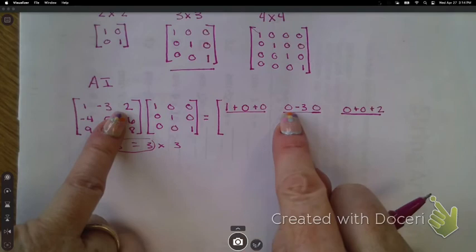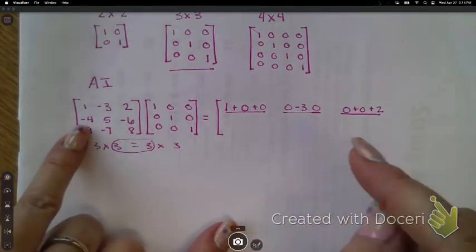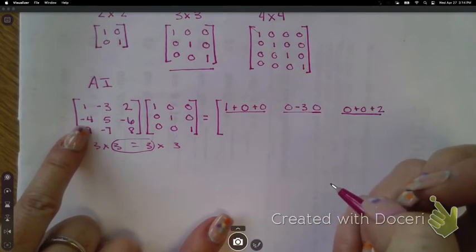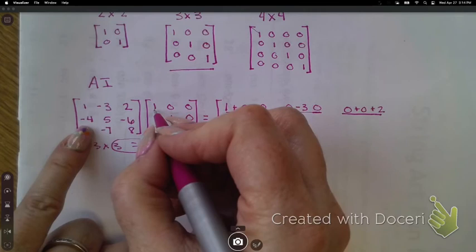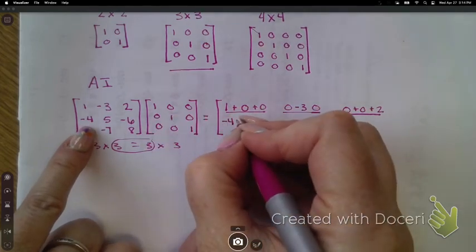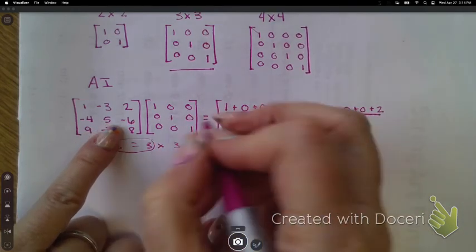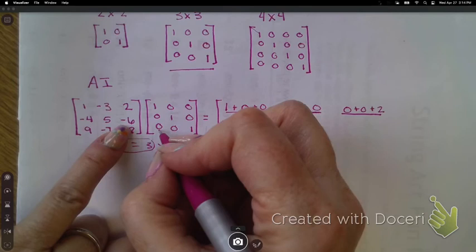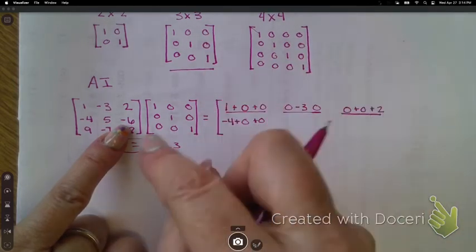You don't have to do it like we were doing on the other side, but I want to see at least that. Okay, now next row with the columns again, right? So -4 and 1, -4, plus 5 times 0, 0, -6 and 0, 0. You're multiplying, not adding.